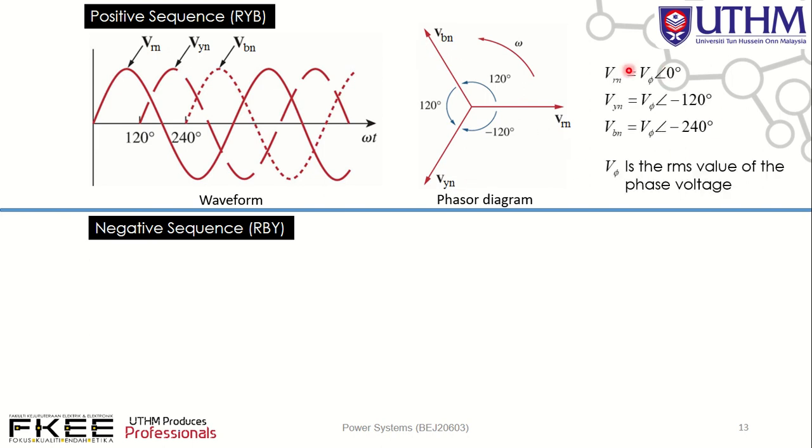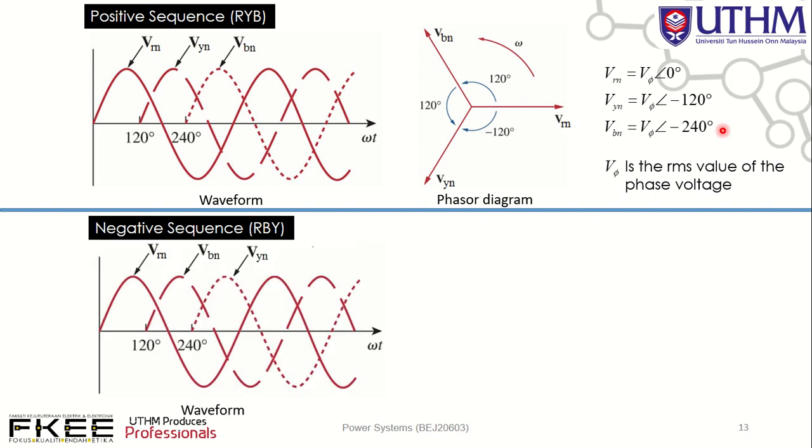In polar form, based on the time domain waveform or the phasor diagram, we can write VRN equal to V phase angle 0, VYN equal to V phase angle negative 120 degrees, VBN equal to V phase angle negative 240 degrees, or we can write V phase angle positive 120 degrees.